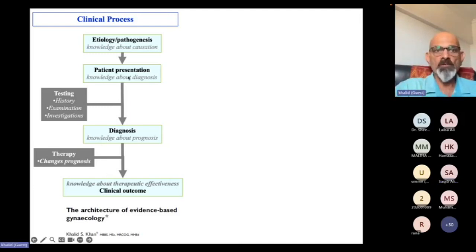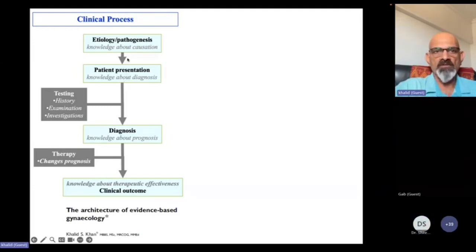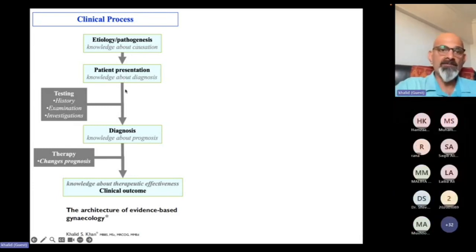When a patient presents to us, we have some idea of what their ailment may be due to. This is called etiology or pathogenesis. And then through taking history, performing an examination, and conducting some investigations, we make a diagnosis. And once we have the diagnosis, we can give a therapy which hopes to improve the prognosis, changing the clinical outcome.